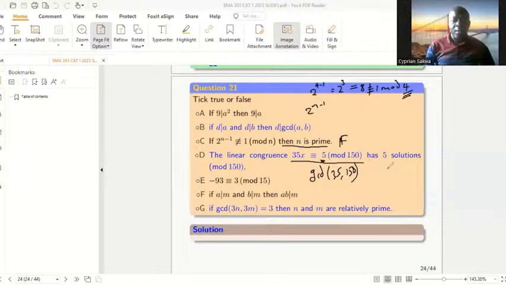Let's see. 5 goes into 150, and 5 goes into 30. And there is no larger number that can divide these, so the GCD is 5. And 5 can divide this, so this congruence has a solution. And how many solutions? 5 solutions. So this statement is true.